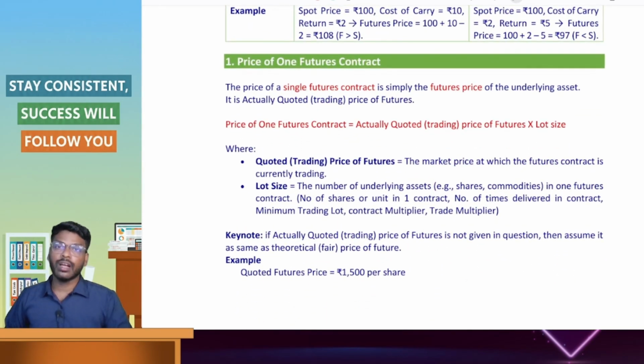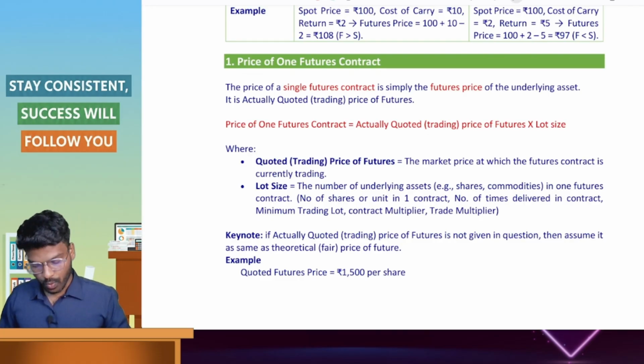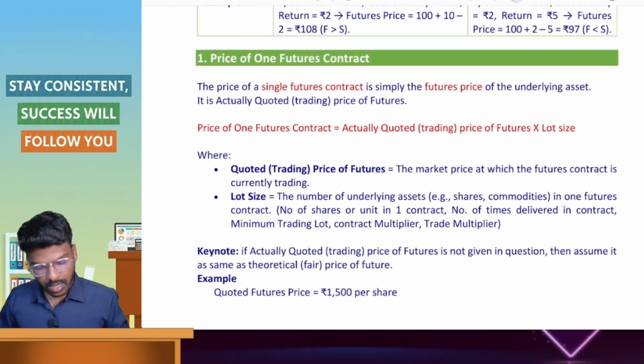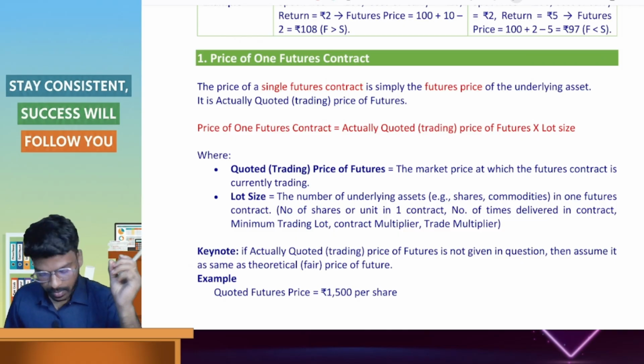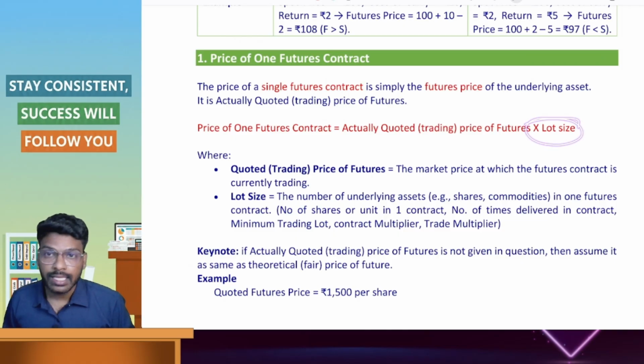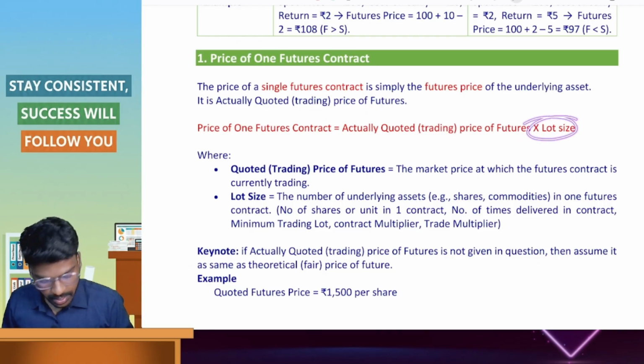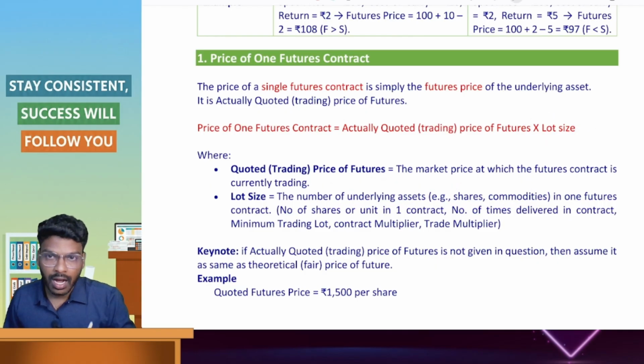Price of one future contract. Now, in case of trading stocks or commodities, there is a fixed lot size. The lot can include a number of underlying assets, shares or commodities. One lot can include more units.